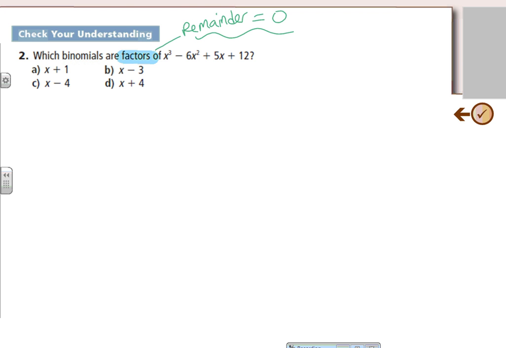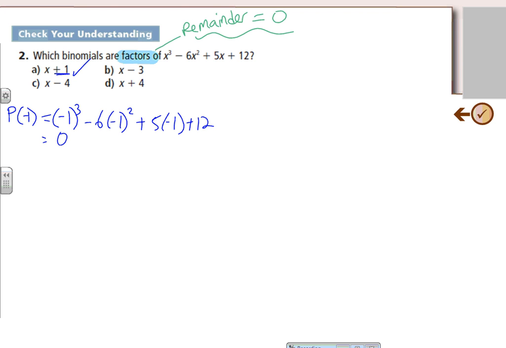So let's try out that first one. We're doing p of, and because it's x plus 1, we're going to use the additive inverse, negative 1. That gives us negative 1 cubed minus 6 times negative 1 squared plus 5 times negative 1 plus 12. Hammering that through, yeah, that's a 0. Boom, first one's good to go. Let's check out that second one.